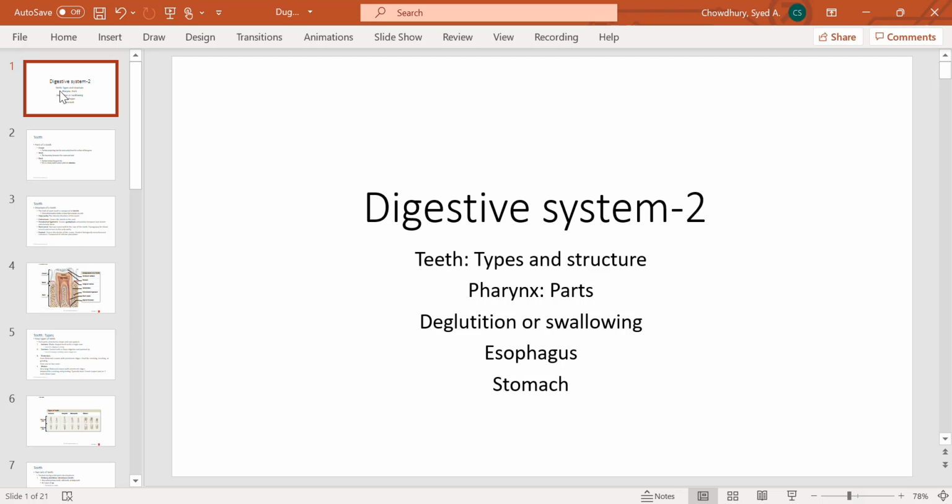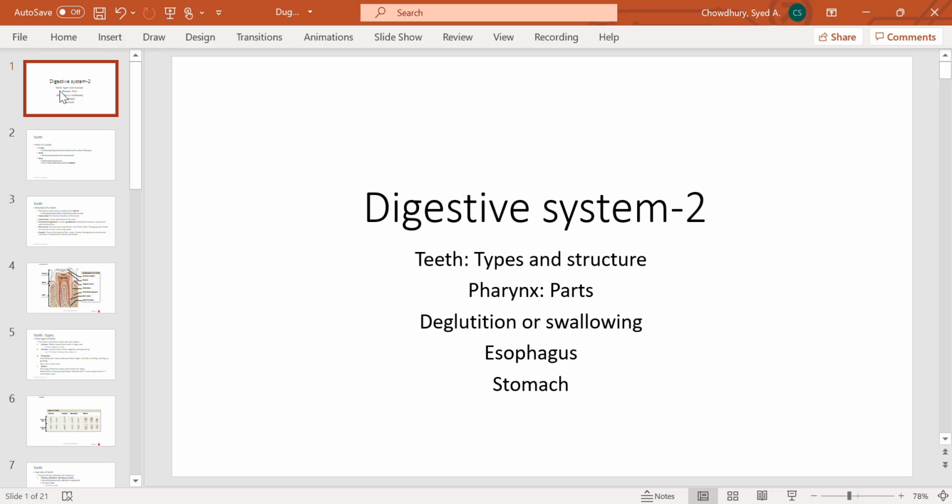Mechanical digestion or breakdown mechanically, that means by pressure, by cutting or crushing or chopping, right, or grinding. So those all belong to the mechanical digestion.